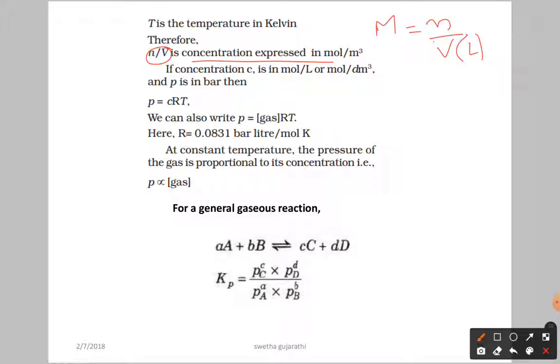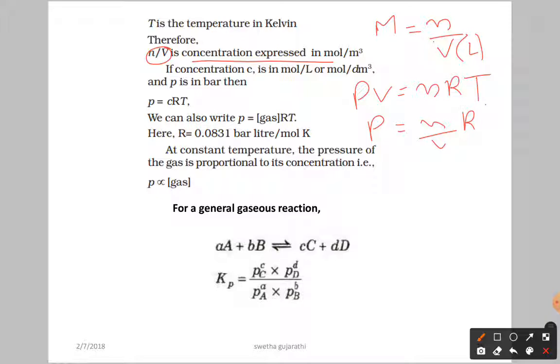If you take the pressure, we have the equation PV equal to nRT, the ideal gas equation. So here P you can write as n by V into RT.